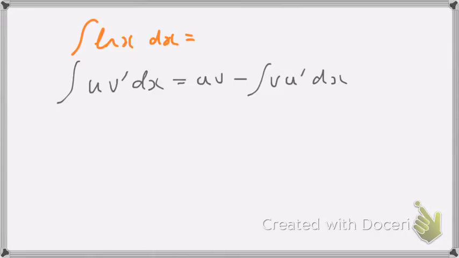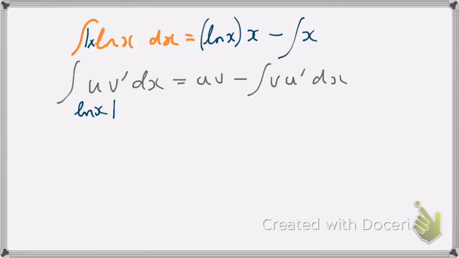Now, the problem is that this one has only one thing. So how could it possibly have a u and a v'? Well, the answer is that you can always generate your own v' by making it 1 times. So I'm going to call v' 1 and u log x. So this is going to become log x times the integral of 1, so x, minus, so I've integrated the 1, so I leave the x alone, and I differentiate the log.